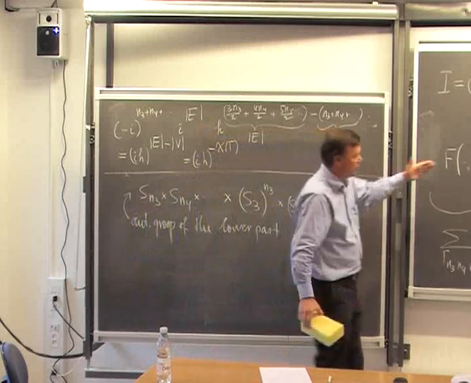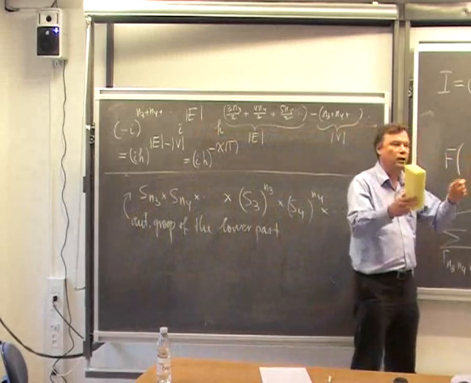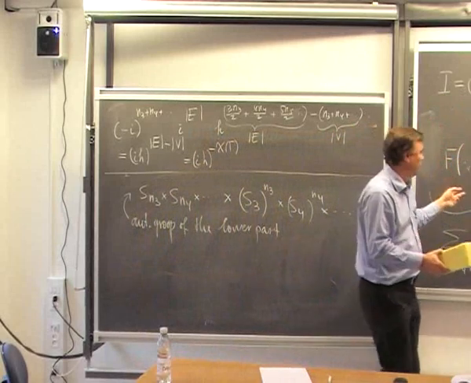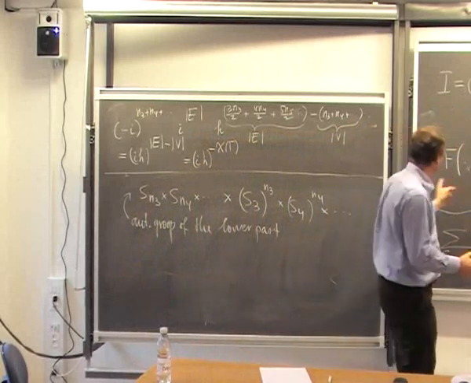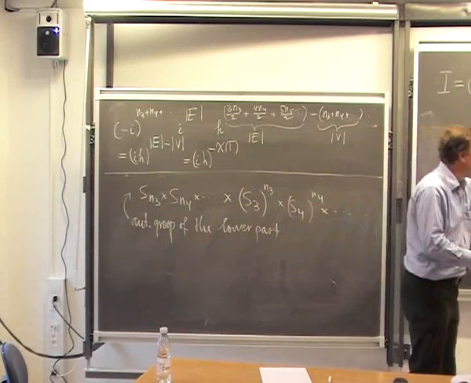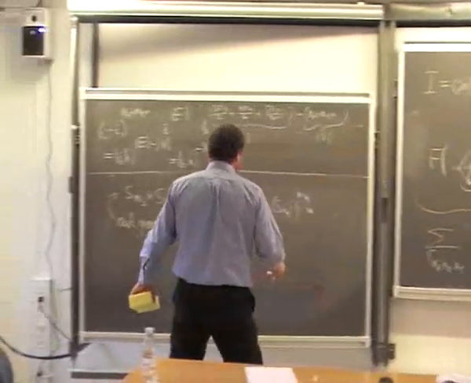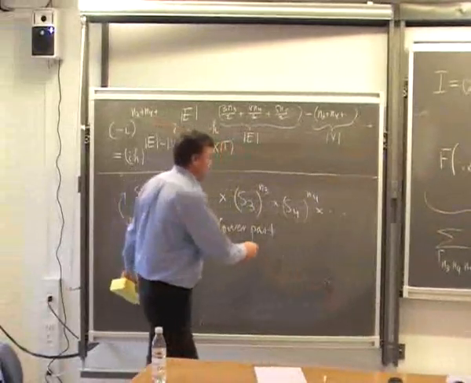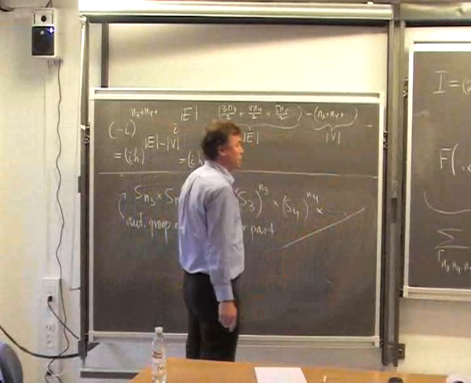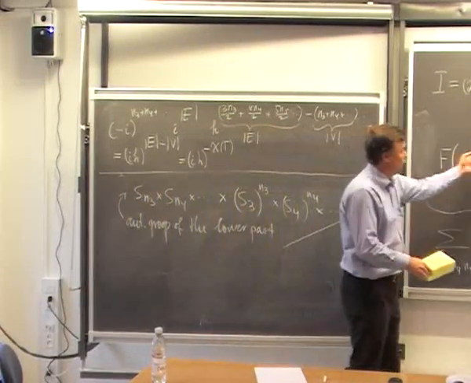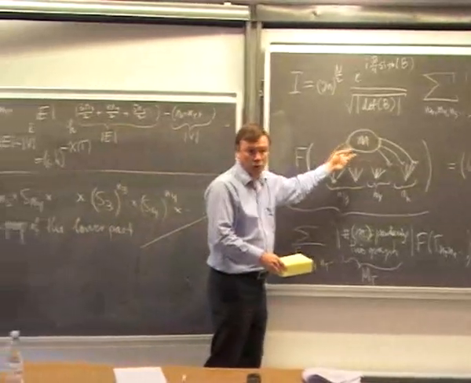So every graph we can represent like this. We can pull vertices down and we can arrange the rest, the edges, in terms of arcs. So this is the group of automorphisms of the lower part of the graph represented in this way. But then the full group of automorphisms of the graph, of course, is this one divided by those automorphisms of the upper part which don't change the graph.